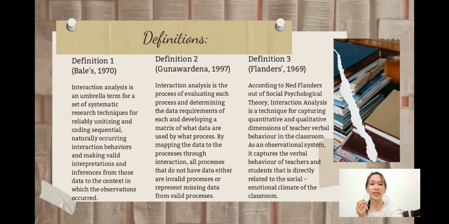According to Bales, 1970, interaction analysis is an umbrella term for a set of systematic research techniques for reliably unitizing and coding sequential, naturally occurring interaction behaviors and making valid interpretations and inferences from those data to the context in which the observations occurred.